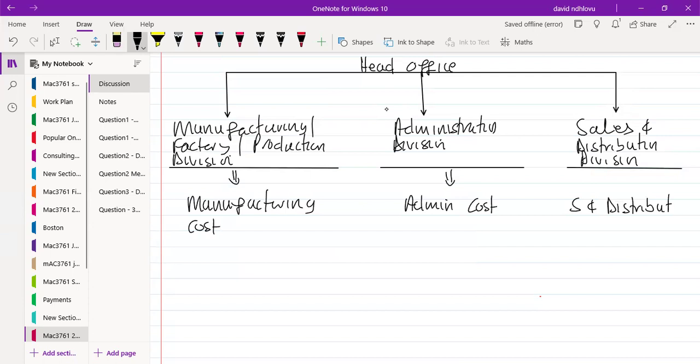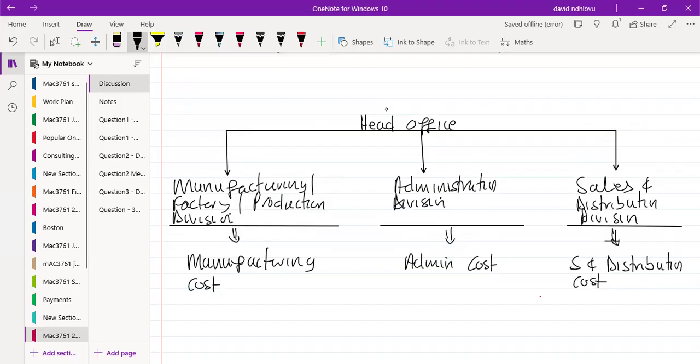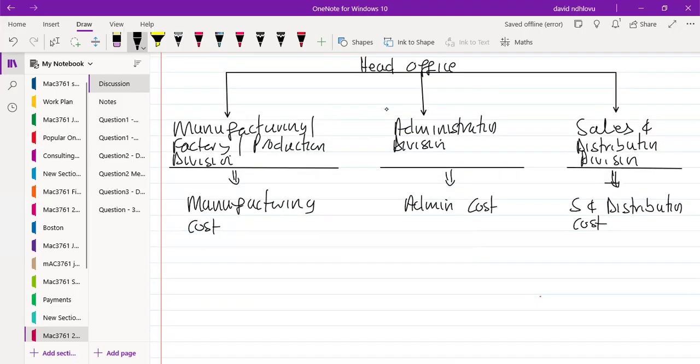So you then have costs that are grouped together according to where they come from in the organizational structure. So this will be your organizational structure, and the costs that this will give you are a manufacturing cost, an admin cost, and a sales and distribution cost.